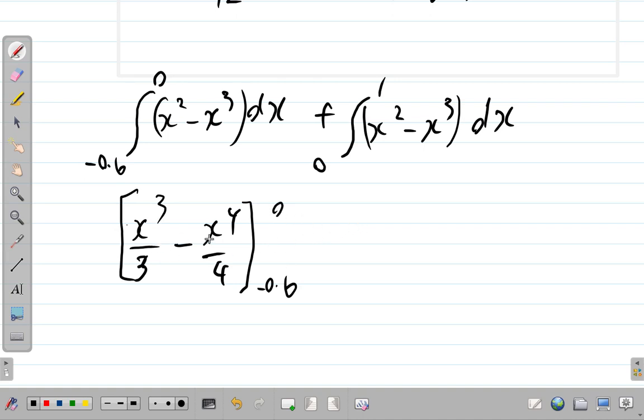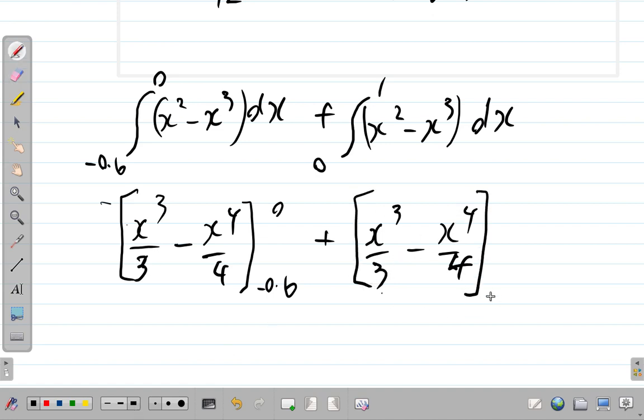That's one area, the area on the left, plus the shaded area on the right, which would be x cubed over 3 minus x to the 4th over 4, going from 0 to 1. So what would that give us?